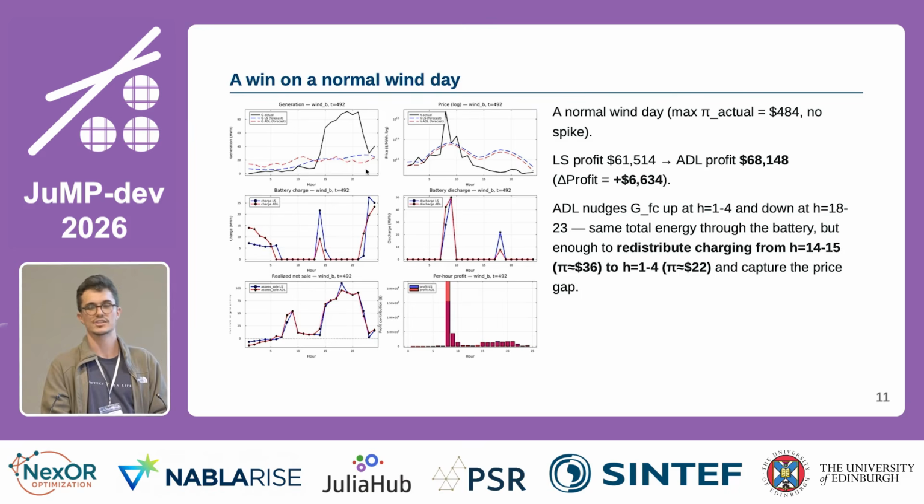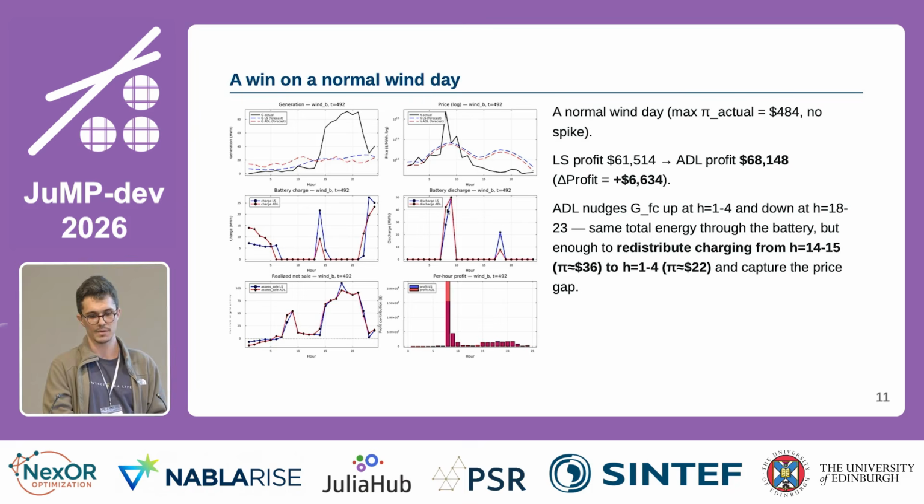And in the red dashed line, we are seeing the application-driven learning model and what bias it is bringing to the forecasts. And this is an interesting instance because what it basically did was it overestimated generation in the first hours of the day. So the planning of the battery operation would have more room to charge the battery when price was lower.